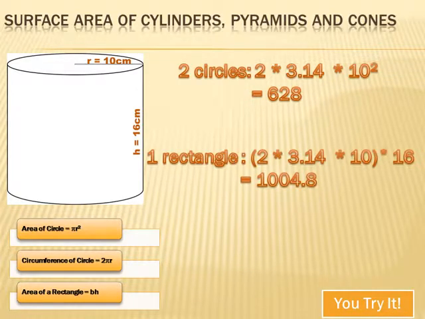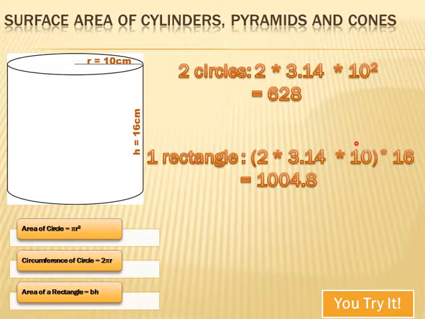Now, how about the rectangle, the lateral face? Well, there's only one of those, and it's going to be the base times the height equals the area, because it's a rectangle. So I know the height, that's 16, and I know that the circumference of the circle is the base measurement of the rectangle, and the formula for the circumference of that circle is 2 pi r.